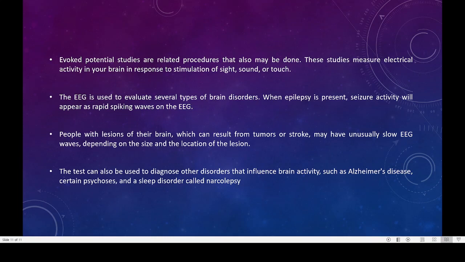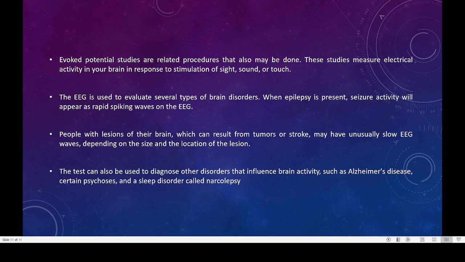Then you can also see that people with lesions of the brain, lesions meaning injury, and some people have injuries on their brain, will have different types of brain waves. Similarly, a difference in brain waves can be due to a stroke. Stroke means a part of your brain cells will be dead. Or it can also be due to the presence of a brain tumor, an overgrowth in a certain part of the brain.